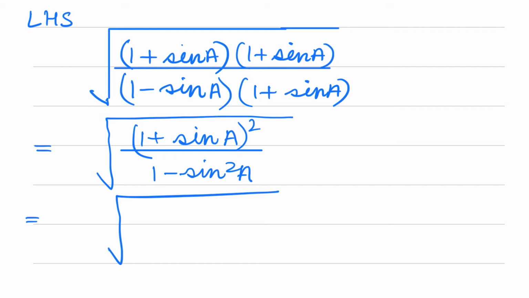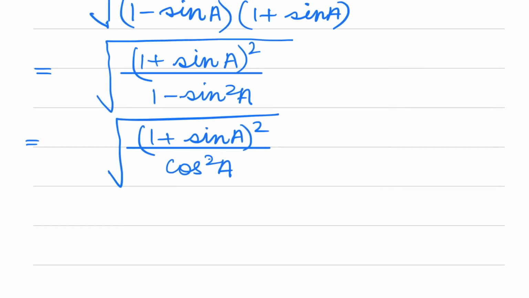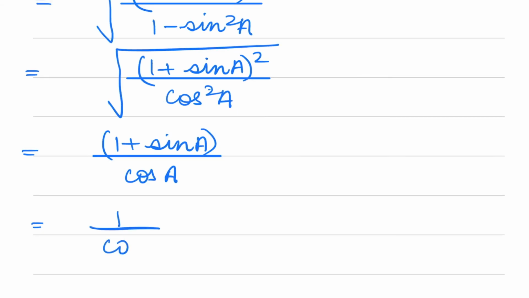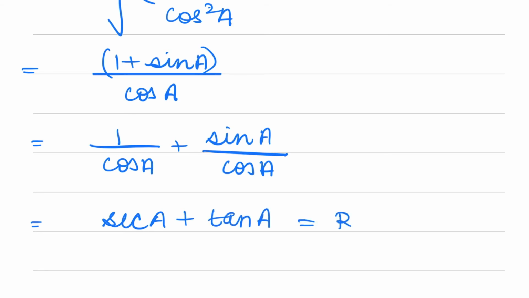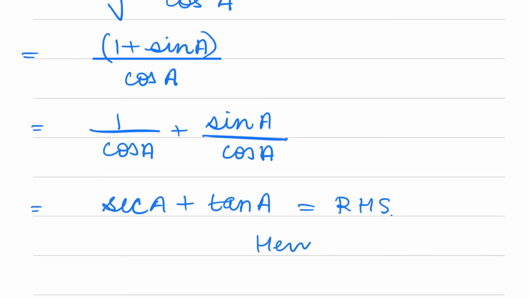Now in the numerator we have 1 plus sin A whole square, and in denominator instead of 1 minus sin square A I can write down as cos square A. Now I can remove the square root sign, so I'll have 1 plus sin A divided by cos A. Now let's write down this as 1 by cos A plus sin A by cos A. Now 1 by cos A is equal to sec A, and sin A by cos A is equal to tan A. This is equal to right hand side, hence proved.